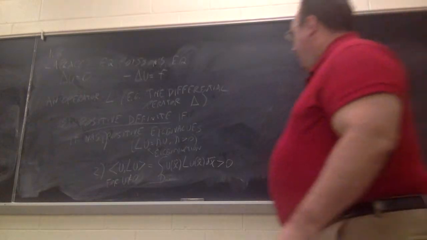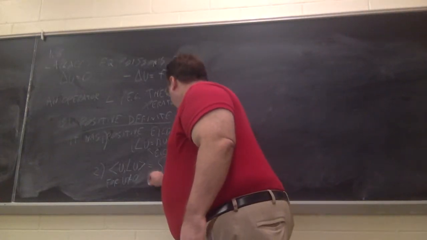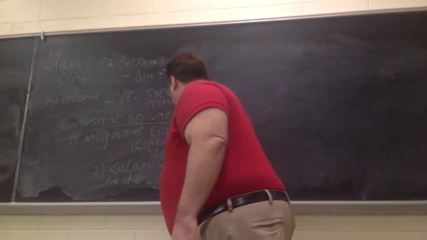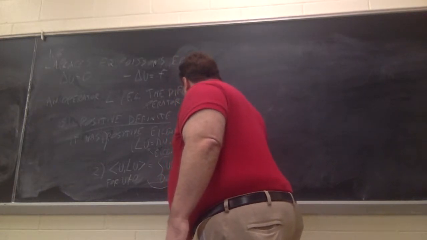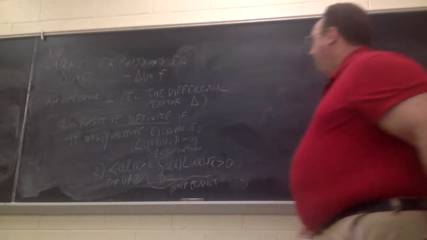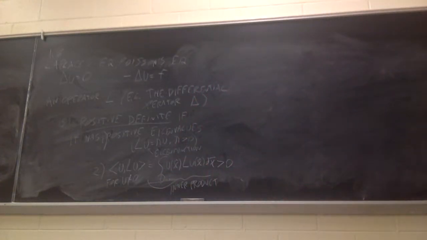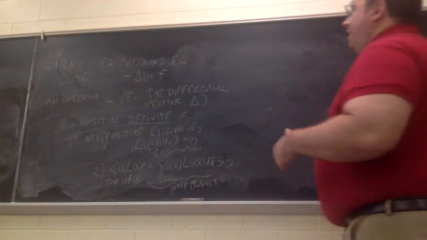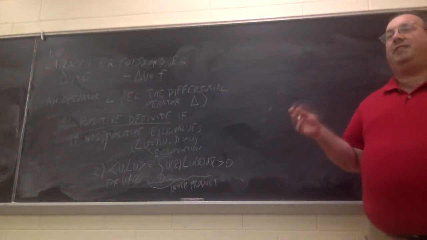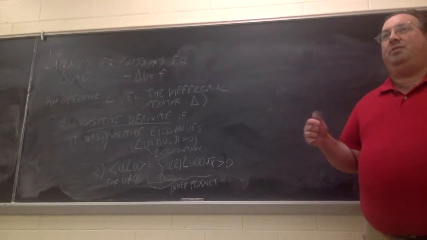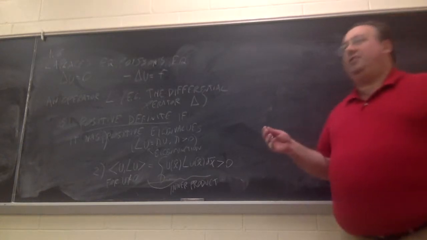Now, this expression is called an inner product, something we'll be seeing from time to time. You're familiar with, and I think it actually came up last time, the dot product of vectors. So the dot product of two vectors is a number.